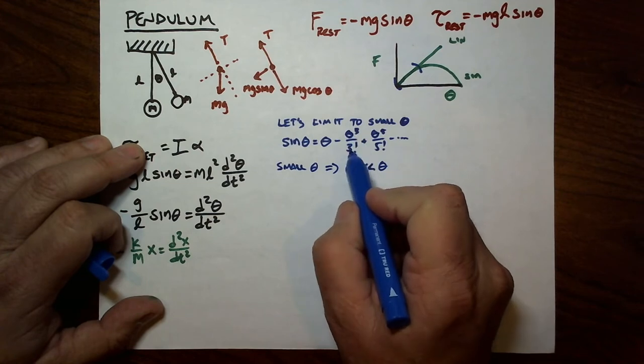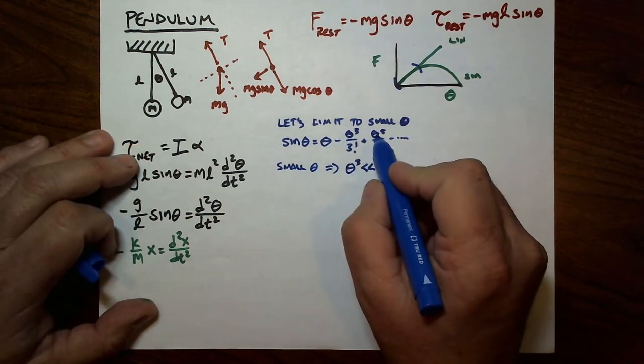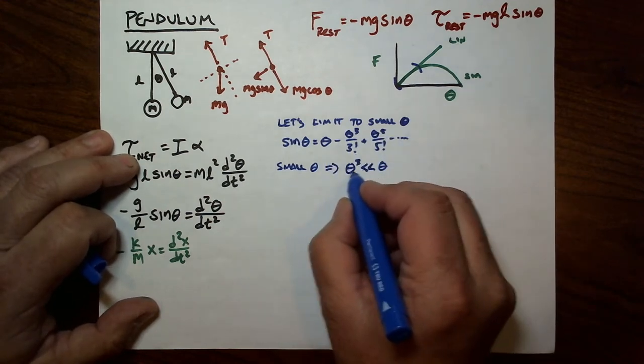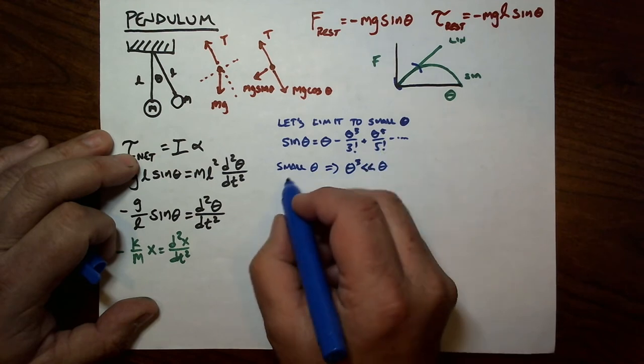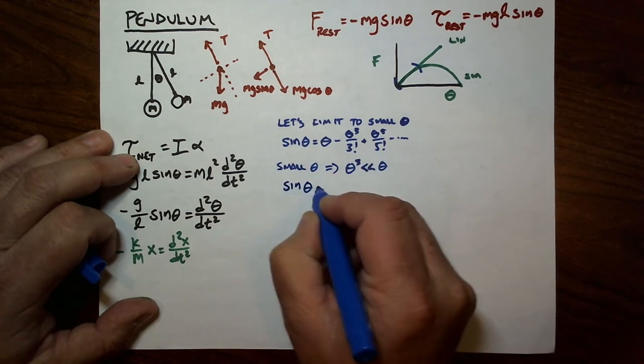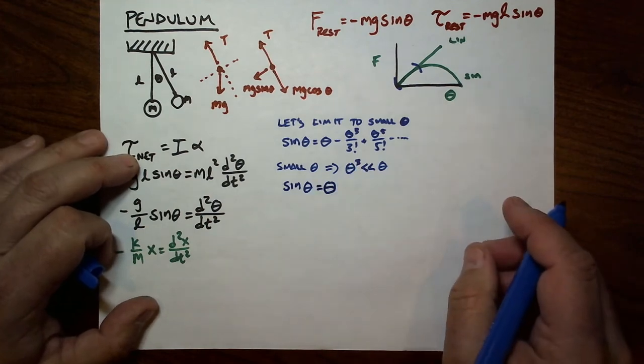And way less than theta, even divided by something, means the second term is way smaller than the first term. And the third term is way, way, way smaller than theta. So if we limit ourselves to small thetas, then sine of theta, according to Taylor's expansion, can be approximated pretty well by just theta.